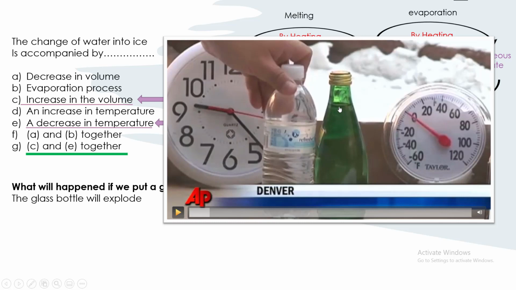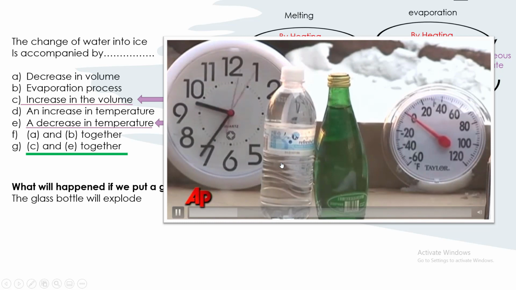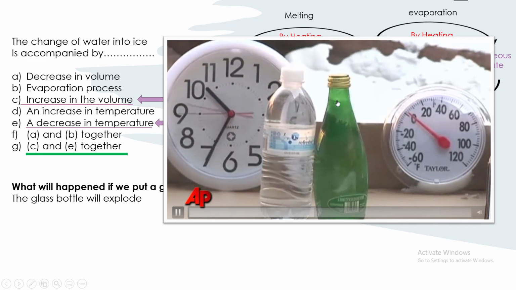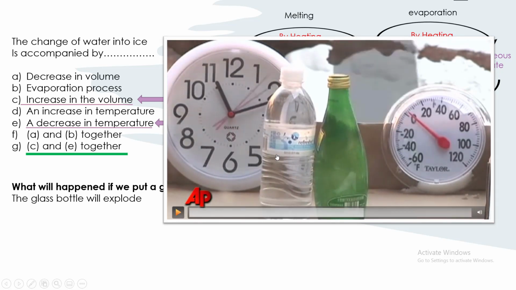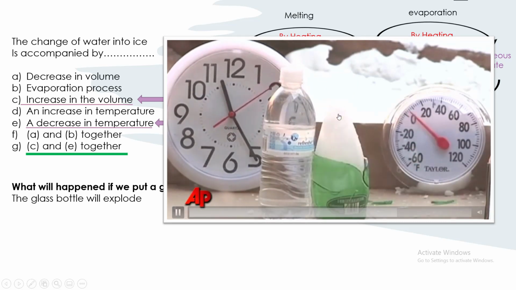Okay, we note that the level of the water is rising, as you see right here, right? So the level of the water continues rising up until it reaches a specific point. This will make the glass bottle explode, as you see here.